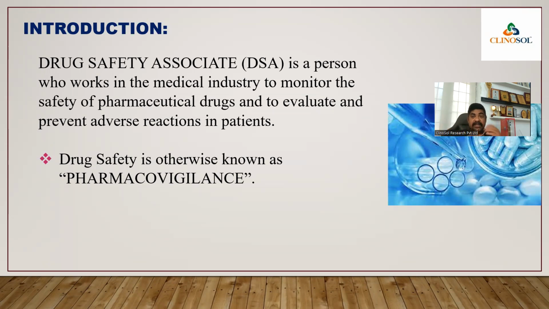He is mainly known as a pharmacovigilance associate, or he comes into a team called pharmacovigilance. He primarily works on ICSR case processing, which is individual case safety reports processing.